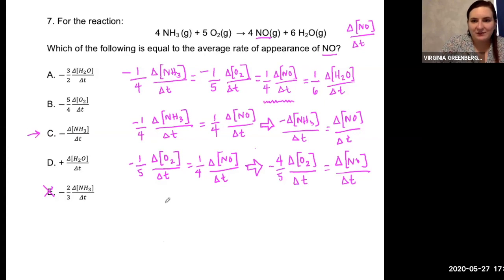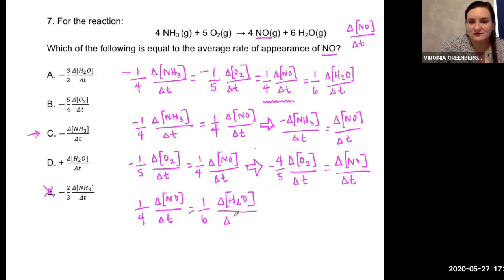And so then finally, if we were to do this for water, we can see from our expression up above that we'll have 1/4 delta NO over delta T equal to 1/6 delta H2O over delta T. So then if we were to solve just for delta NO over delta T, we'd have to multiply our 4 on both sides again.